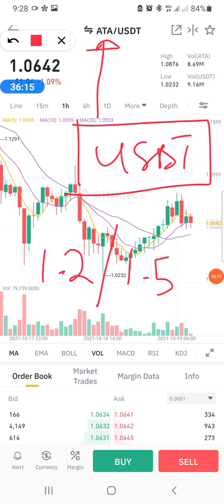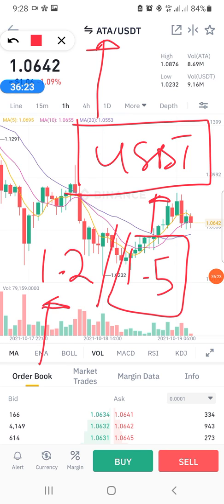By making use of this quote currency, which is USD, we have taken advantage of the price movement of ATA. Basically, you can say that the quote currency determines the value of the base currency.